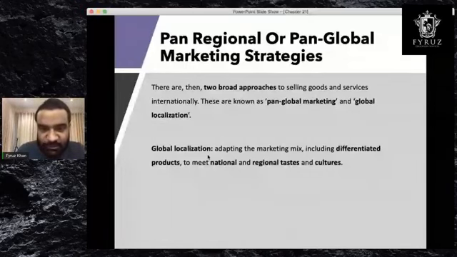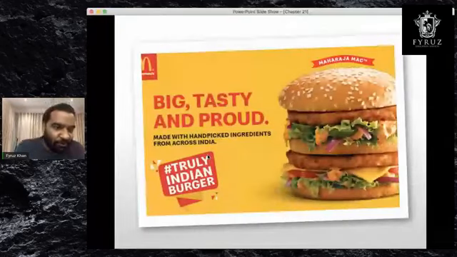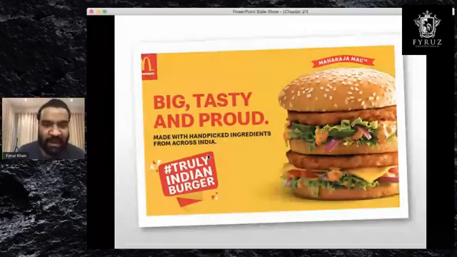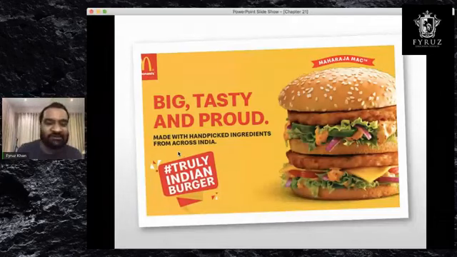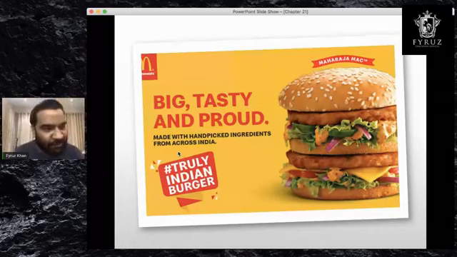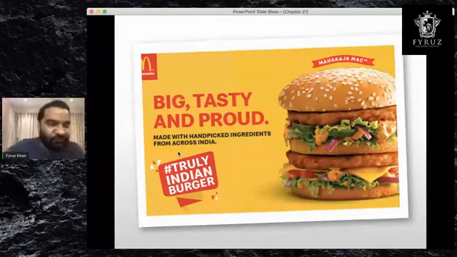For example, think about McDonald's. McDonald's is an American fast food chain, and look at their advertisement. It says truly Indian burgers. Look at the heading: made with hand-picked ingredients from across India. What are they trying to do? They are trying to be an Indian brand, because Indians have a culture of not using foreign brands.